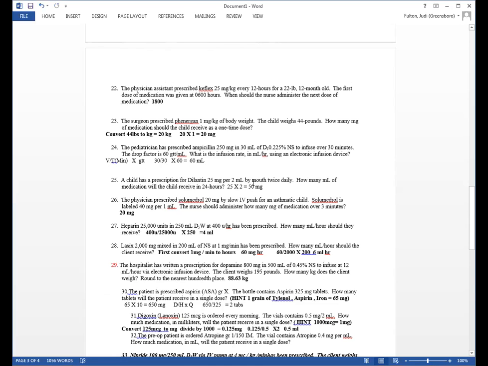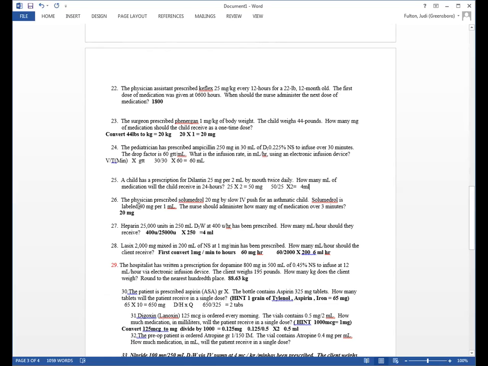If we're going to do 25 milligrams, they're going to get 2 doses, so they need 50 milligrams. So now our desired is 50. Our available is 25 per 2. So 50 divided by 25 is 2 times 2 equals 4 milliliters is how much they will get, because it's asking what they will receive in a 24-hour period.